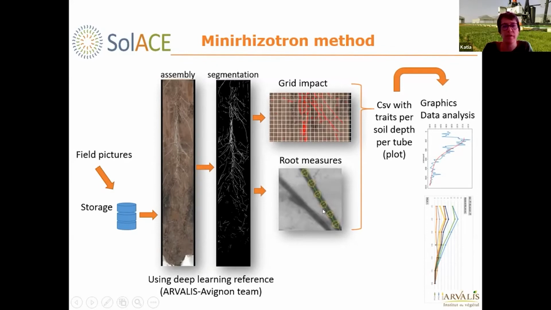And the other one is to extract physical measures. So we measure the length of roots that are registered in each image, and also the diameter of different roots in the image. We extract that in a table, and then we can apply some graphics to analyze the data.